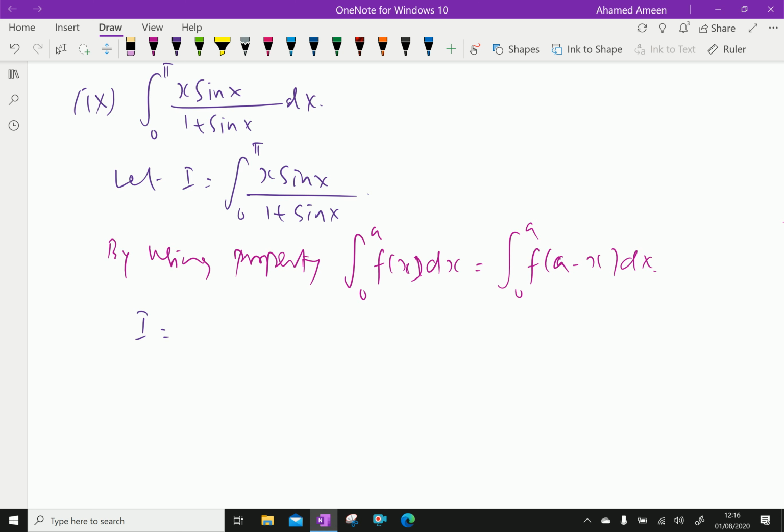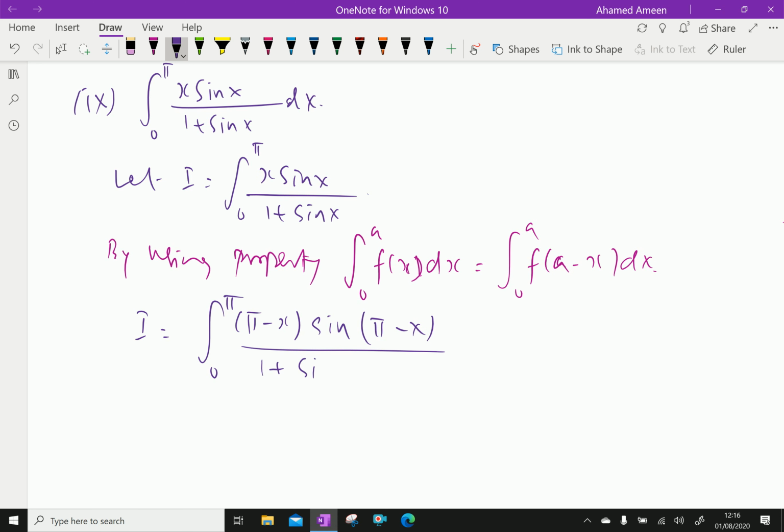integral 0 to pi. Here x becomes pi minus x, that is f of a minus x, pi minus x sin x is pi minus x over 1 plus sin of pi minus x dx.